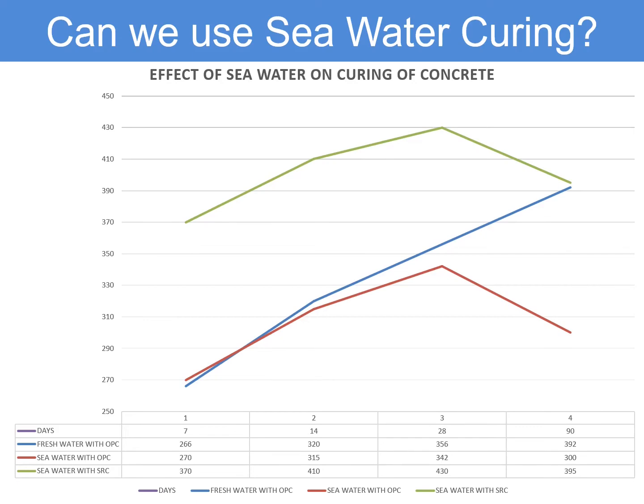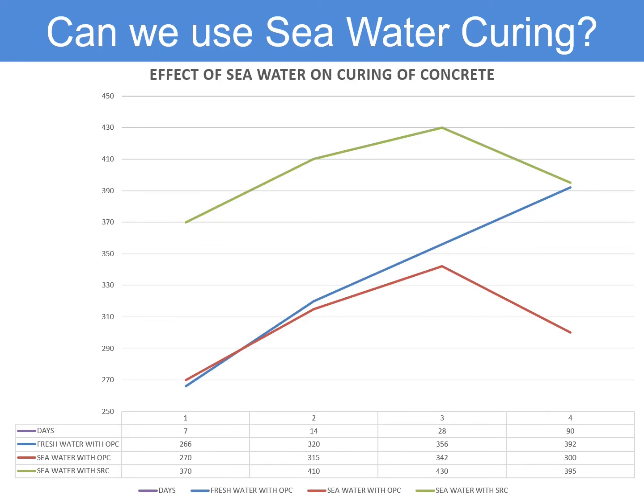But in case you change the cement from OPC to SRC, then you can see that there is quite a big jump in the initial strength of 7 days. There is also a jump in the 14 days, and also a jump in the 28 days strength. But when it comes to 90 days, it is equal to the samples cured by fresh water made with OPC cement.